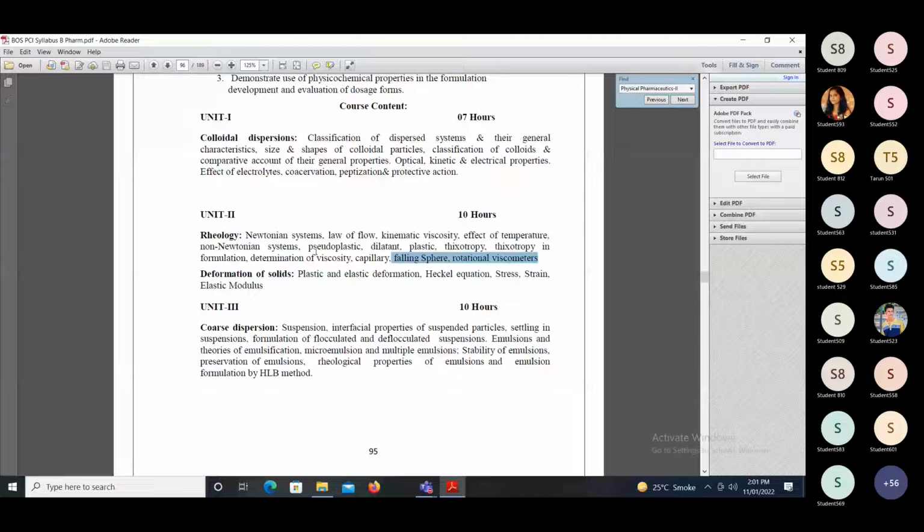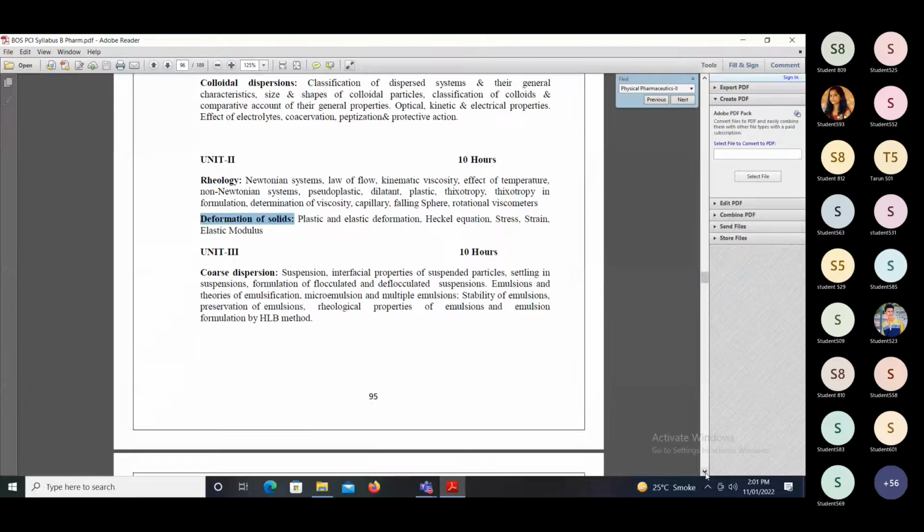Then the next point is the deformation of solids. A solid is deformed with respect to plastic or elastic deformation. Whether it is plastic behavior or elastic behavior, whether permanent deformation takes place or temporary deformation takes place. Students, here I will give an example.